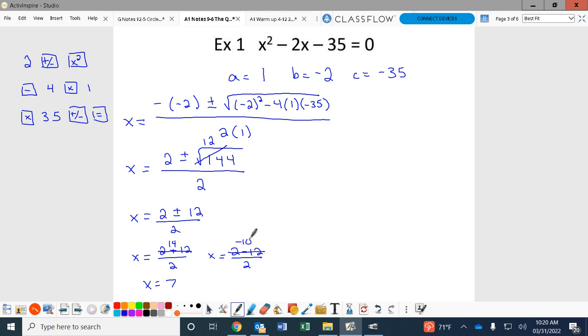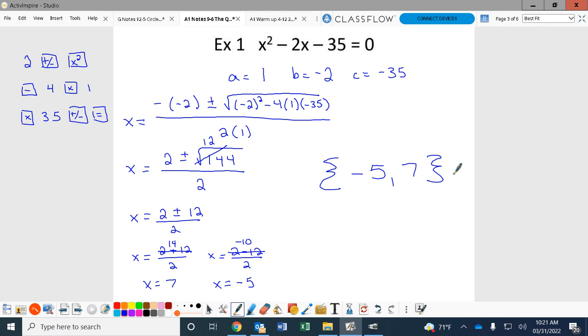Negative 10. And negative 10 divided by 2 puts us at negative 5. There we go. So our answers are a set of numbers. The negative number is going to go first, then the positive number, and those are the solutions to that quadratic equation.